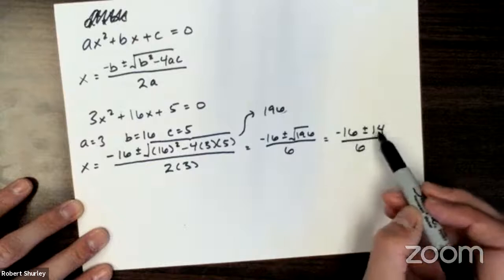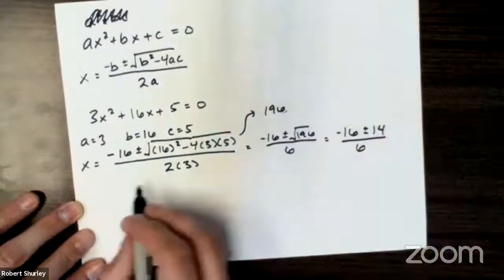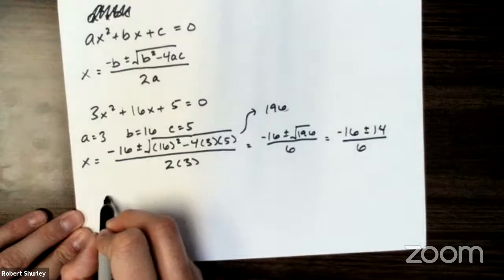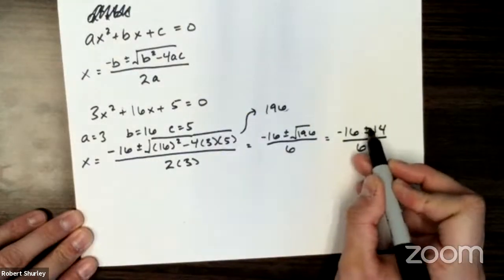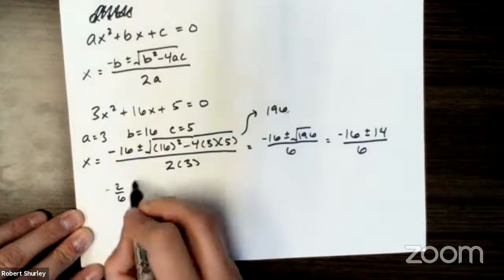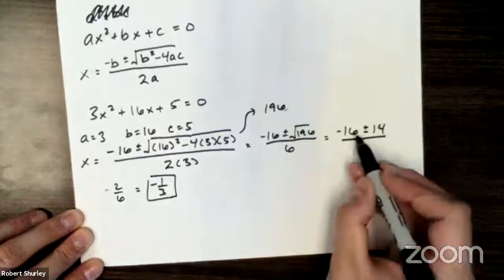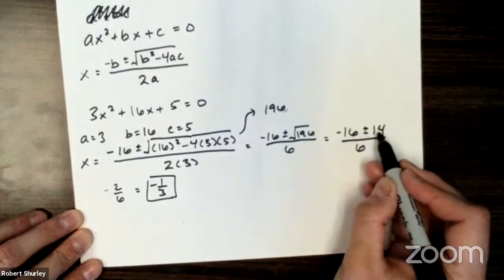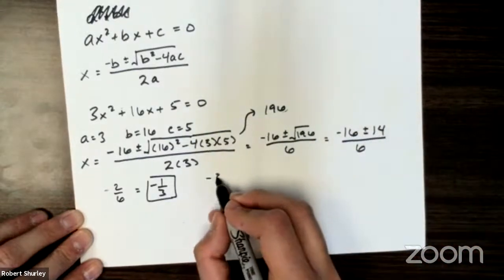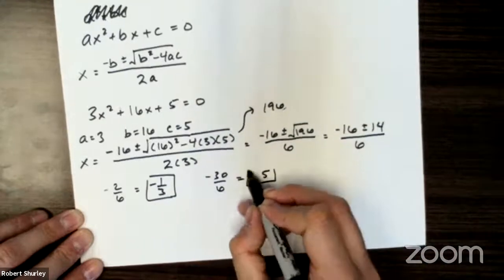And now because it had a nice square root, I have to add and subtract the numbers in the numerator. So let's do this first one. Negative 16 plus 14 would be negative 2 over 6. That winds up being negative 1/3, right? Negative 16 minus 14 would be negative 30 over 6, which is just negative 5.